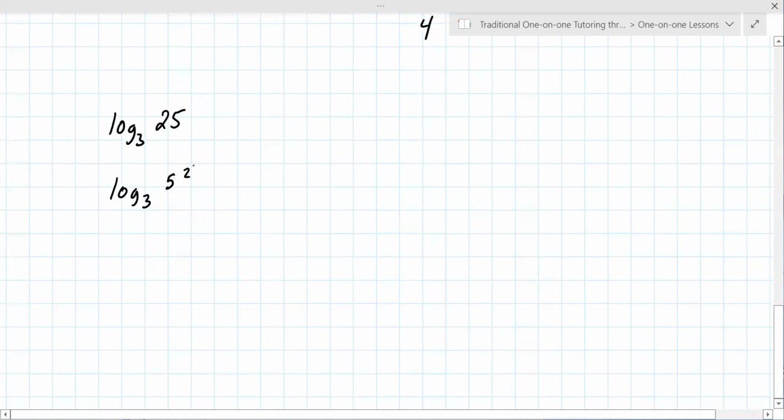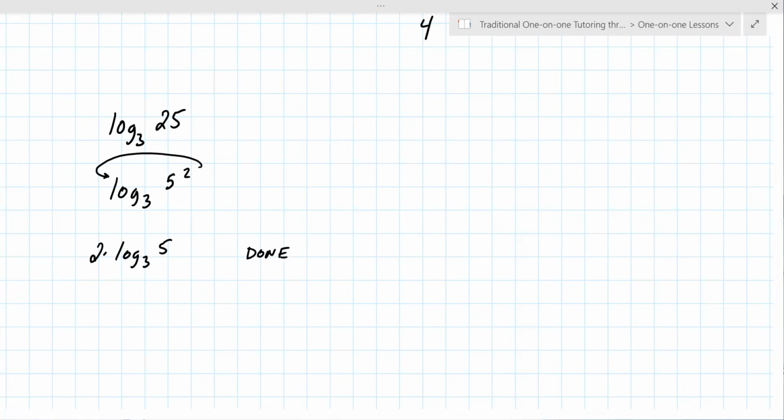That 2 can come out in front. So it's 2 times log base 3 of 5. And then you're done. There's no more action to be taken. So you just can't simplify it anymore? You can't simplify it anymore.